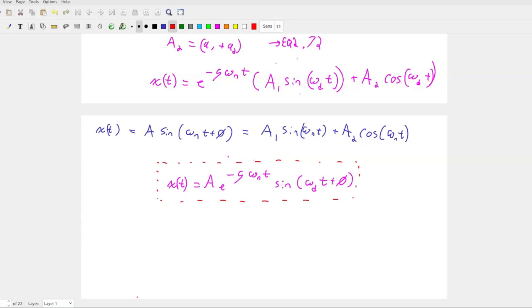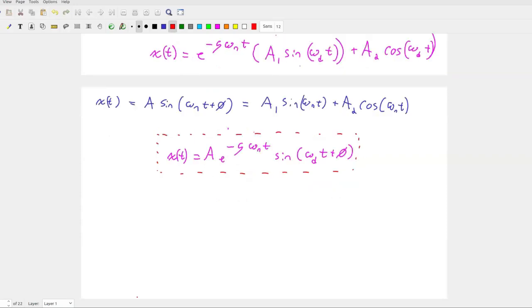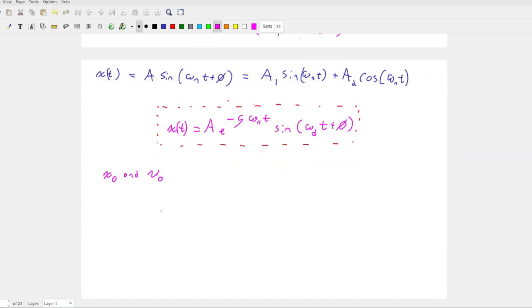Okay, we need to get boundary conditions for this, and again, we get those by setting everything to 0 and solving out. Think of x naught and v naught, so we can apply those boundary conditions and solve out for terms that give us what we need. So x of 0 is equal to x naught.